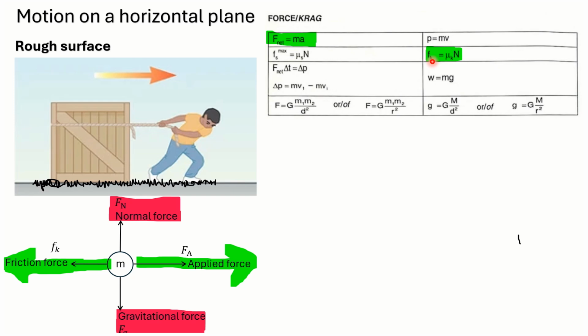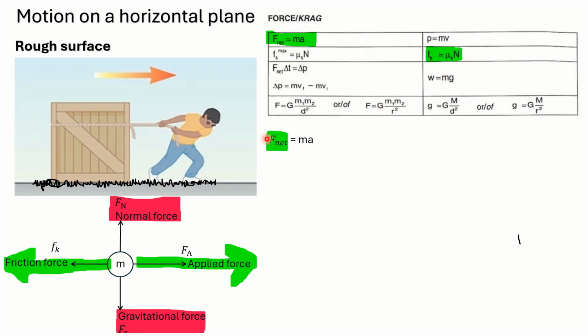There is a relationship between kinetic frictional force and the normal force. This N is for the normal force, the same Fn that you can see. So you can even write Fn as capital letter N like this one. So that's the relationship that we have between frictional force and the normal force. So when we talk about F net we are just referring to all forces that are in the direction of the movement.